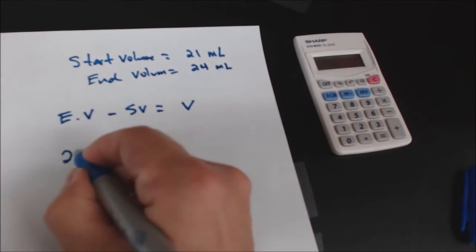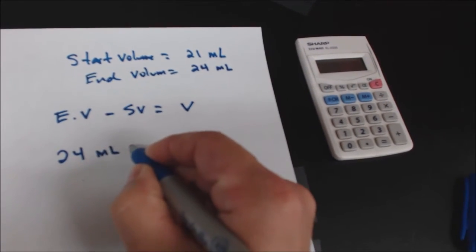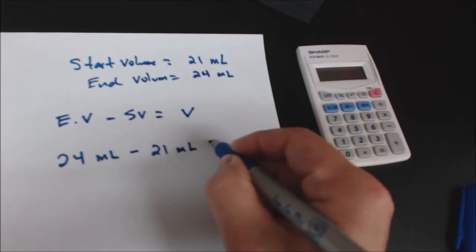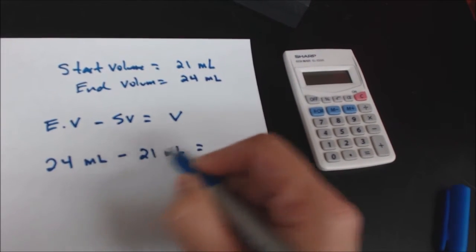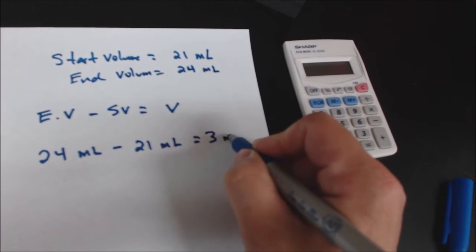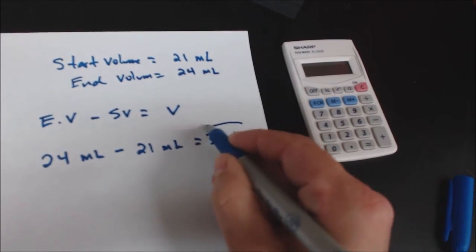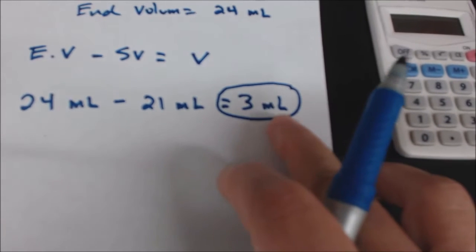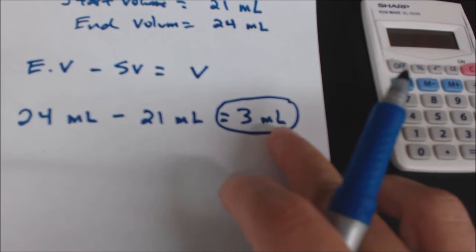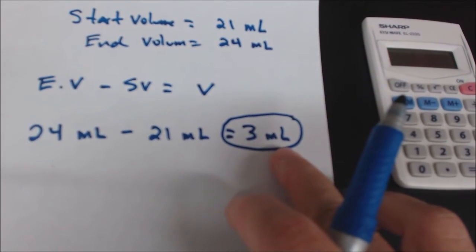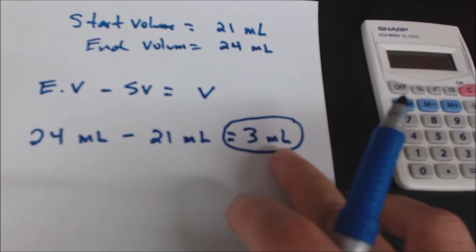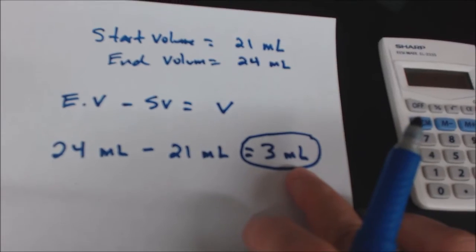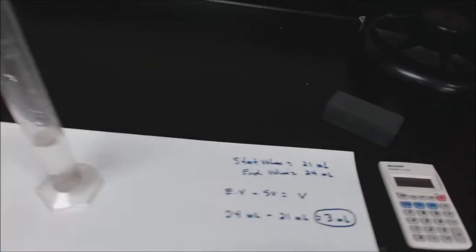So my ending volume was 24 milliliters, minus my starting volume, which was 21 milliliters. 24 minus 21 equals 3 milliliters. So if I want to know the volume of my rock, that's the volume of my rock right there. Because that rock displaced 3 milliliters of water, which means that rock has a volume of 3 milliliters.